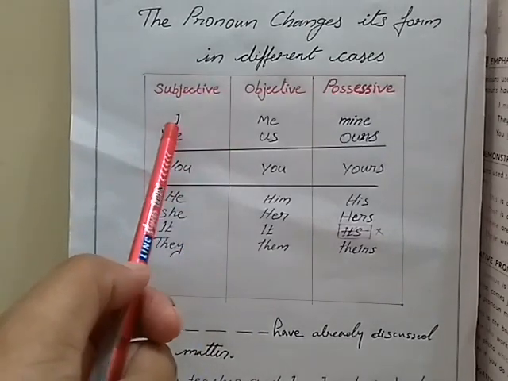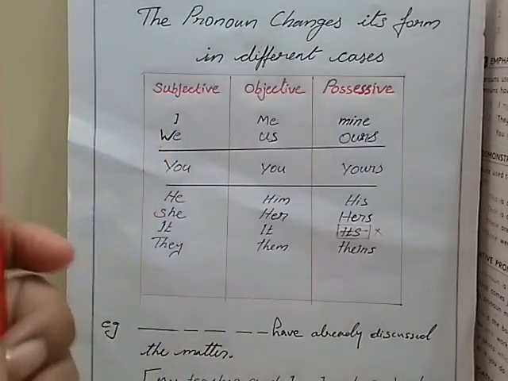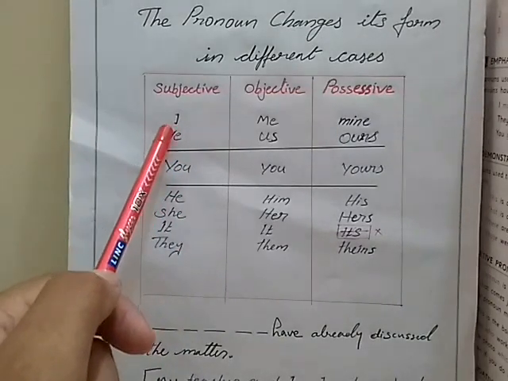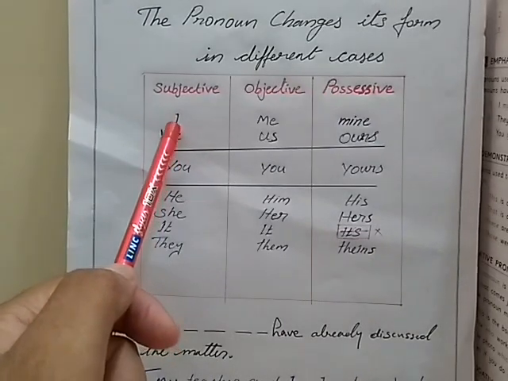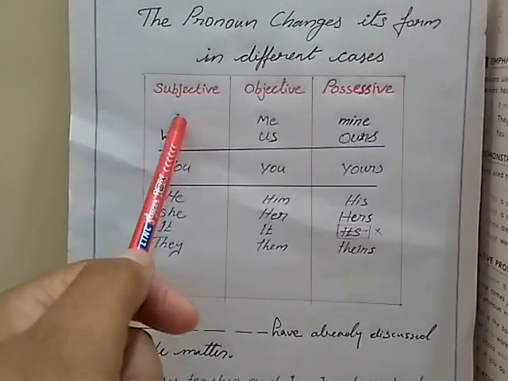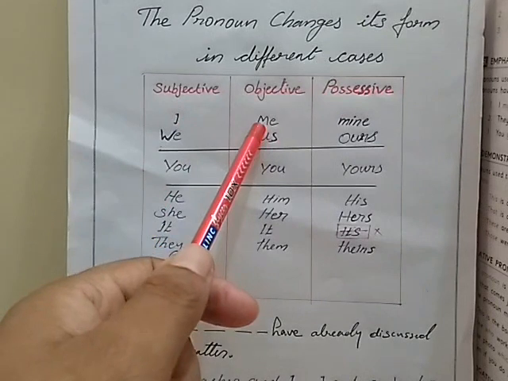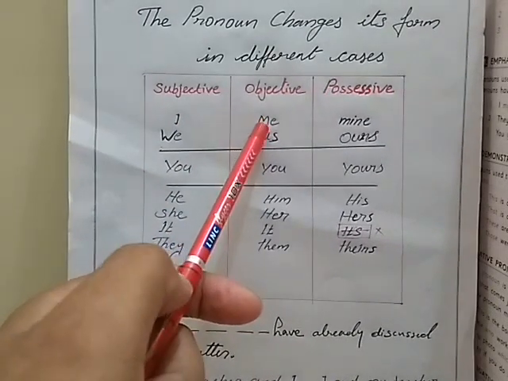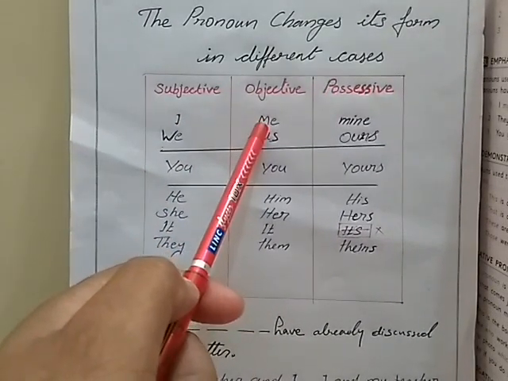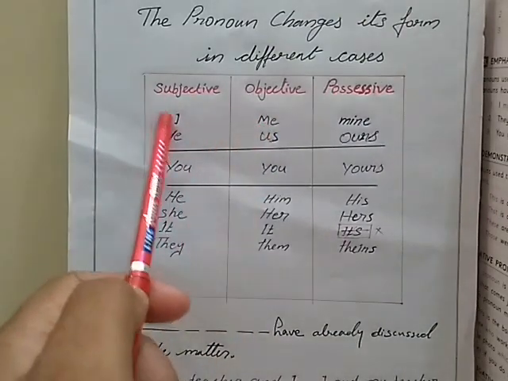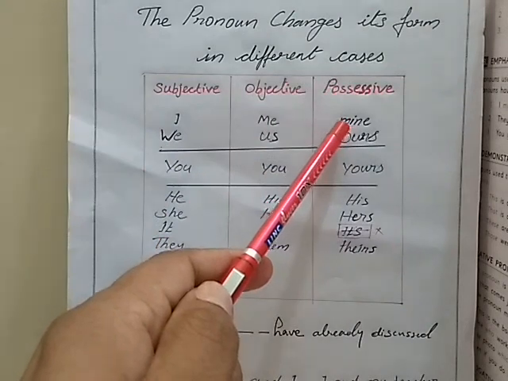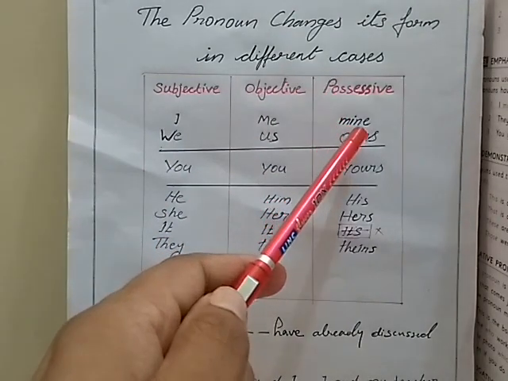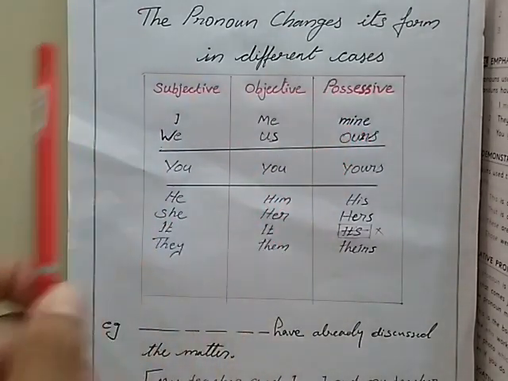If we want to place the same I in the object position, it will not be I, it will be me. And if we use the same pronoun as a possessive pronoun, it will become mine. I hope you got the difference.